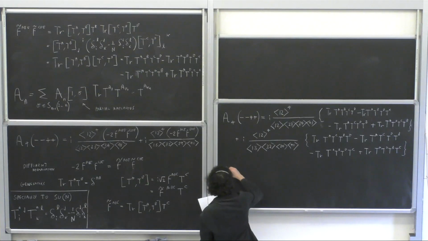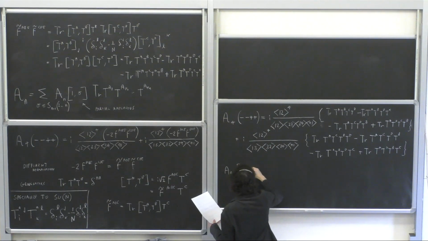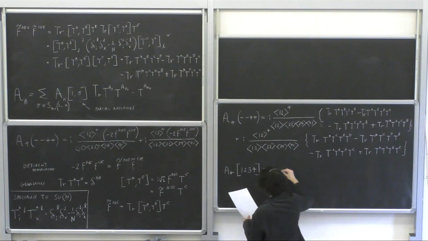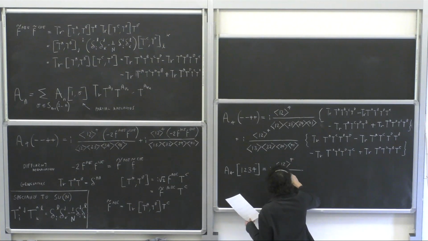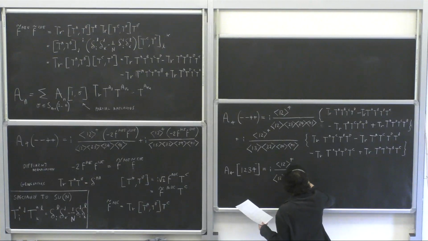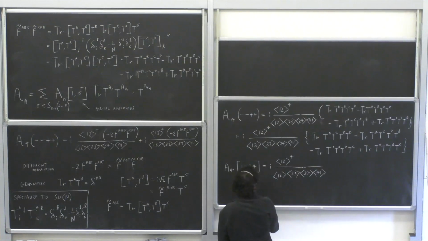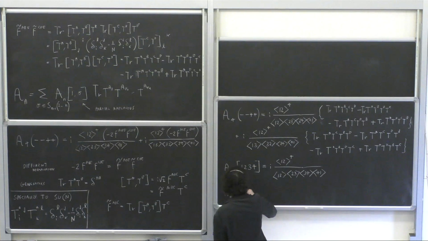And we note in particular that the partial amplitude of 1, 2, 3, 4 in this particular case is just identified as one of the two pieces of the amplitude before. So there's a factor of I, 1, 2, 2, 3, 3, 4, 4, 1. Then there will be a second partial amplitude here, A4 of 1, 3, 2, 4.